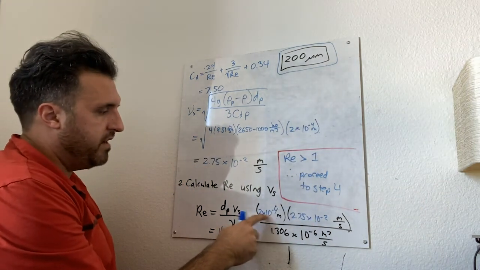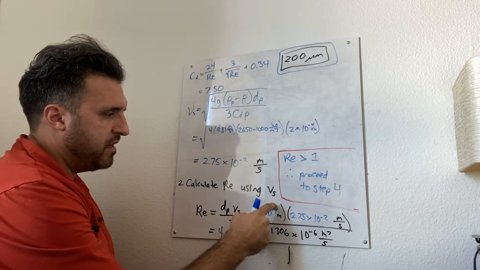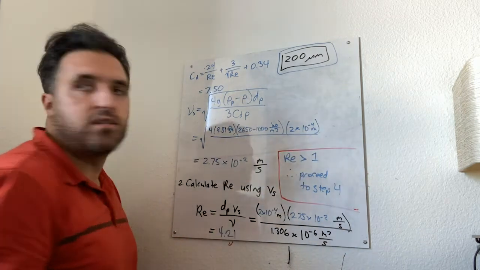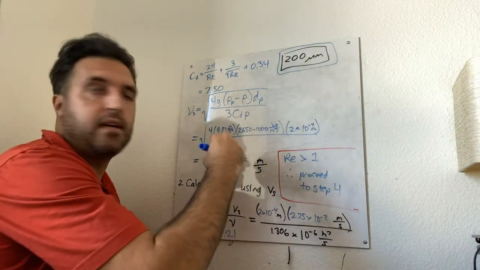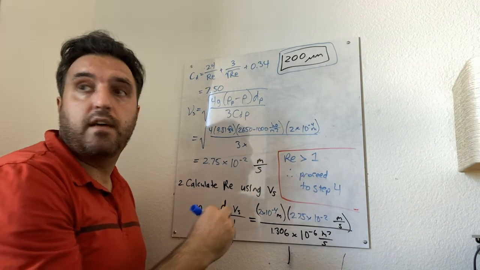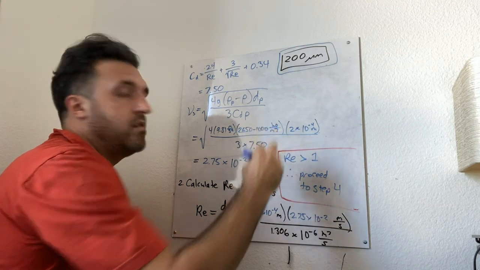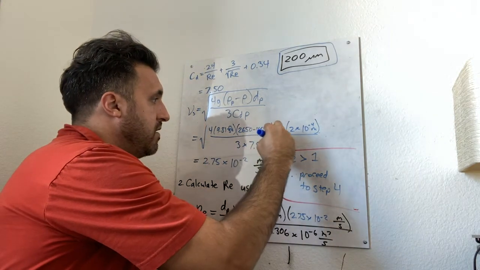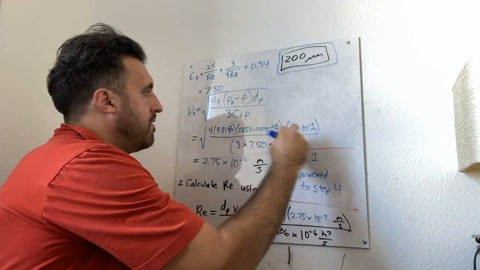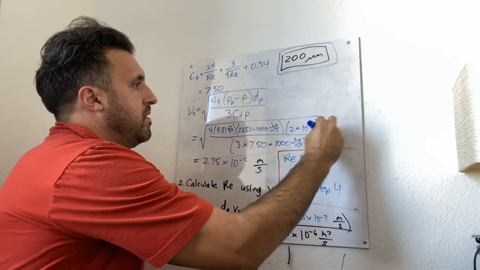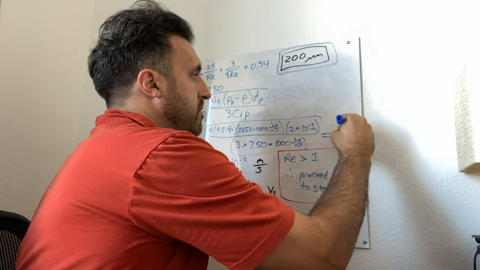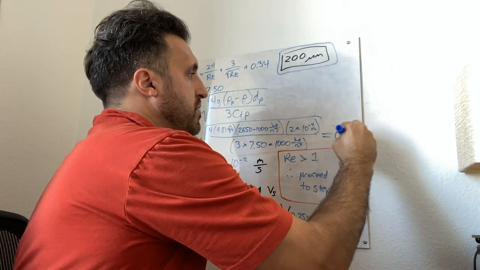This was a mistake down here. This should have said 2 times 10 to the negative 4th meters, not 10 to the negative 3rd. Alright, so then this whole thing is divided by 3 multiplied by 7.5 multiplied by 1000 kilograms per cubic meter. And that gives us a value of 0.024 meters per second.